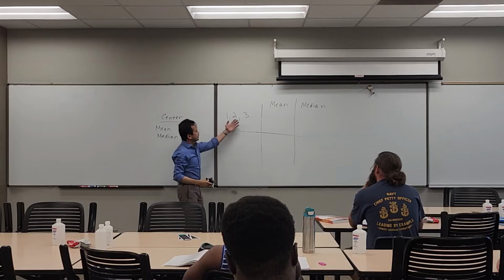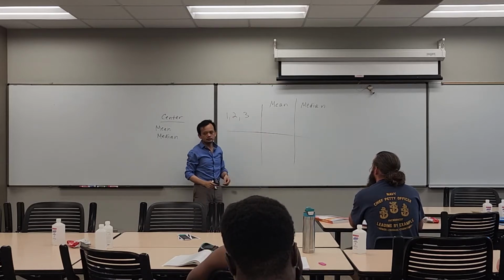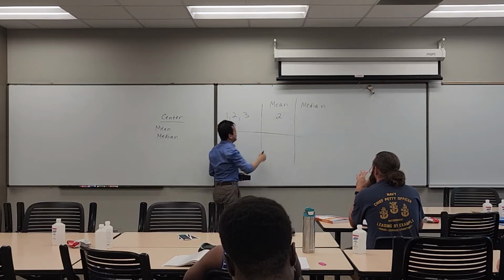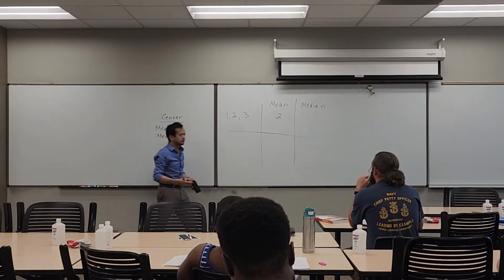So for this data set, 1, 2, and 3, what would the mean be? Yeah, 2. And what would the median be? Also 2. Okay, good.